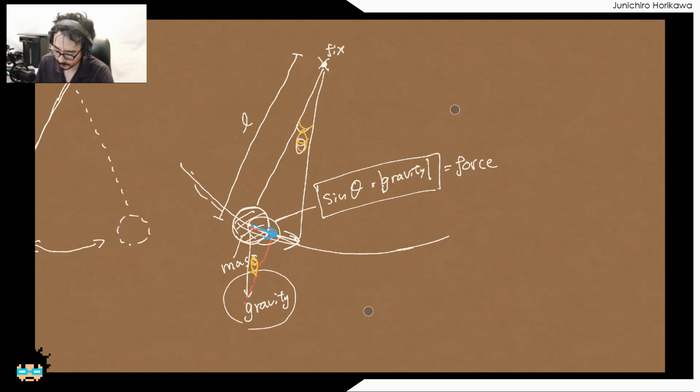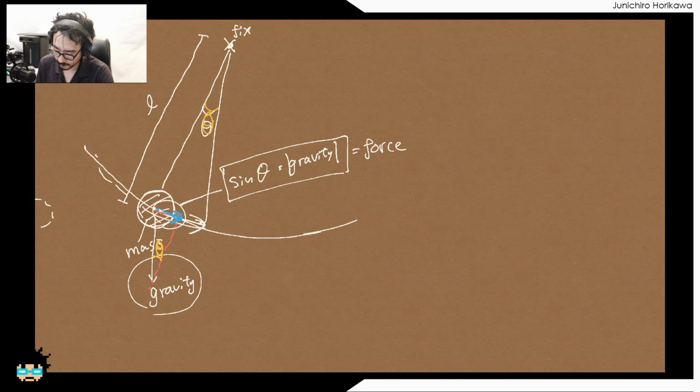Okay, meaning F is equal to the magnitude of the gravity multiplied by, and we could just say it's G. Let's say this is equal to G. So G multiplied by sine of theta is the force itself.